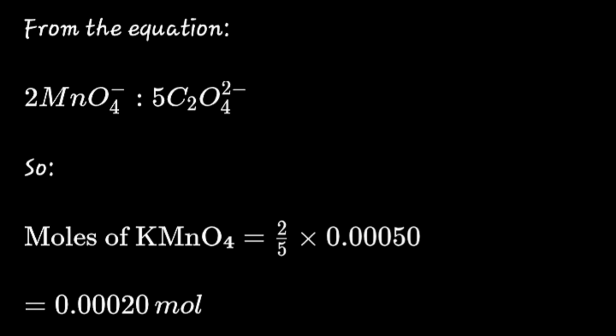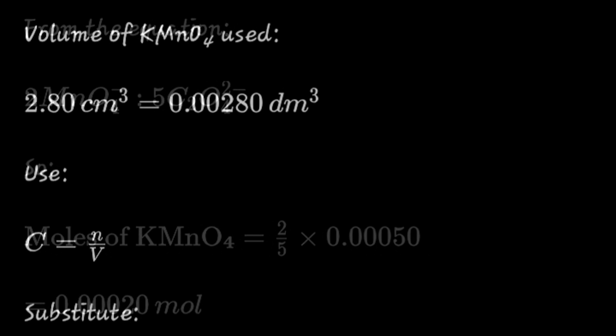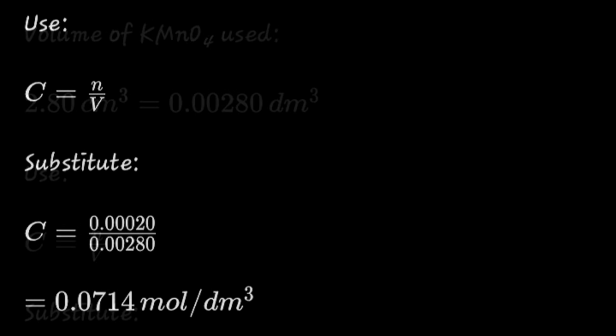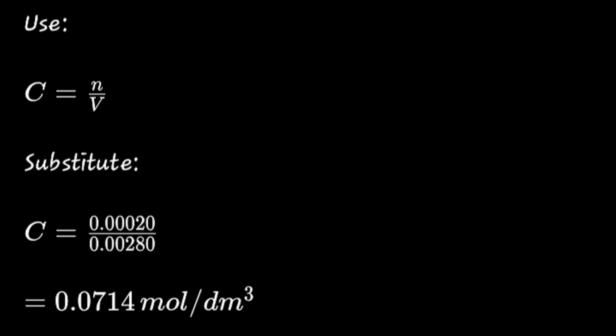Now that you have that, we can calculate the concentration of potassium permanganate using the formula C equals n over V. It was n equals CV, so we make C the subject of the formula. Our n, remember, is 0.0002. We put that in the numerator, all over the V we have, which is 0.0028 dm³.